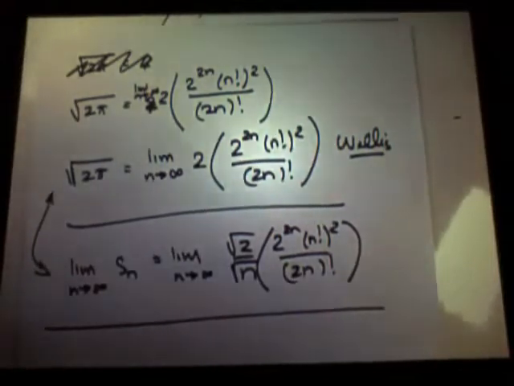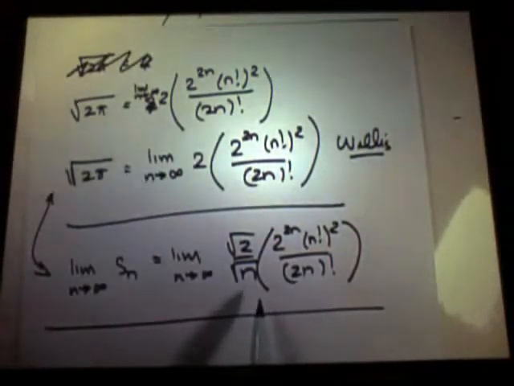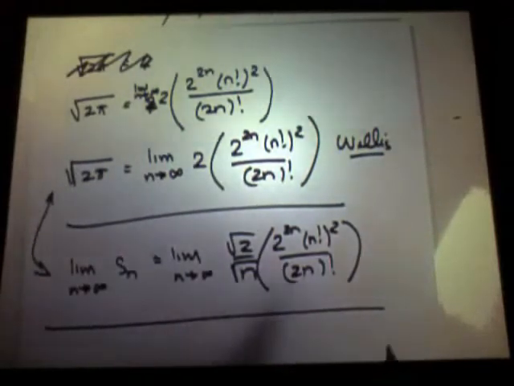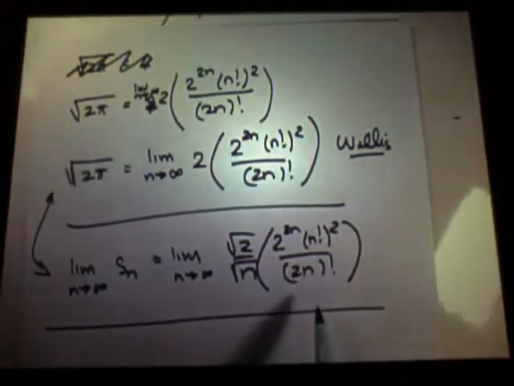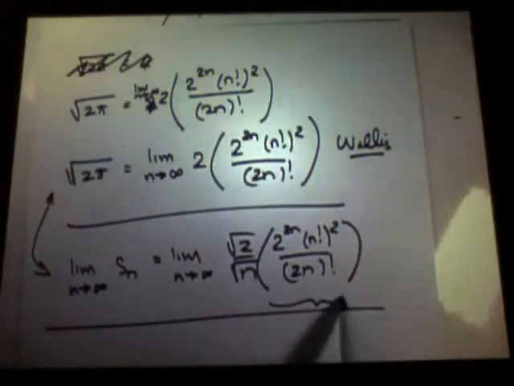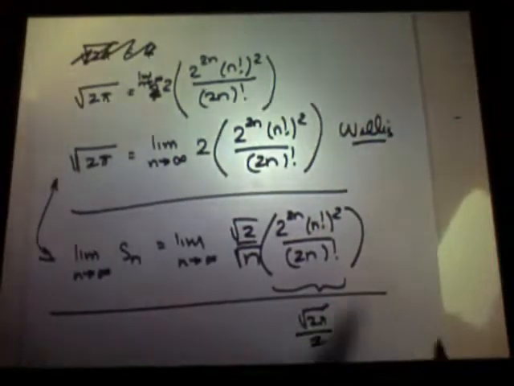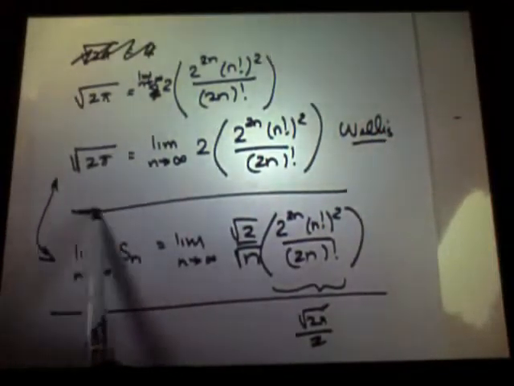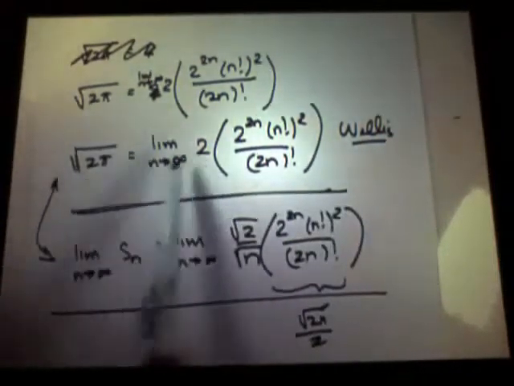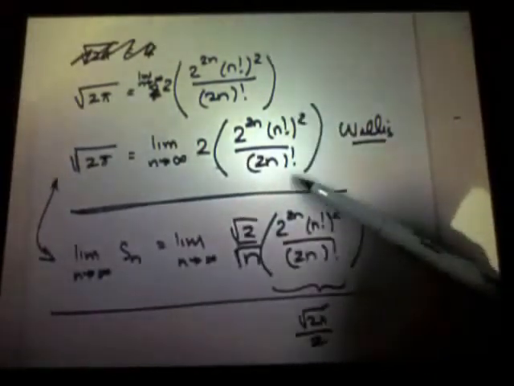All right, what's this limit? We've discovered that this should be, well, this piece here is the square root of 2 pi over 2, right? From this line, from the Wallis line. Square root of 2 pi over 2 is the limit as n goes to infinity of that.